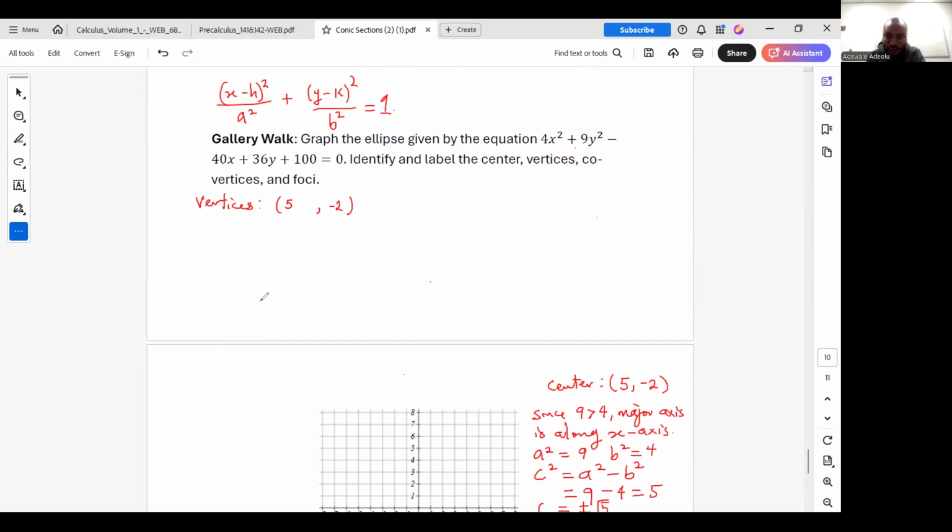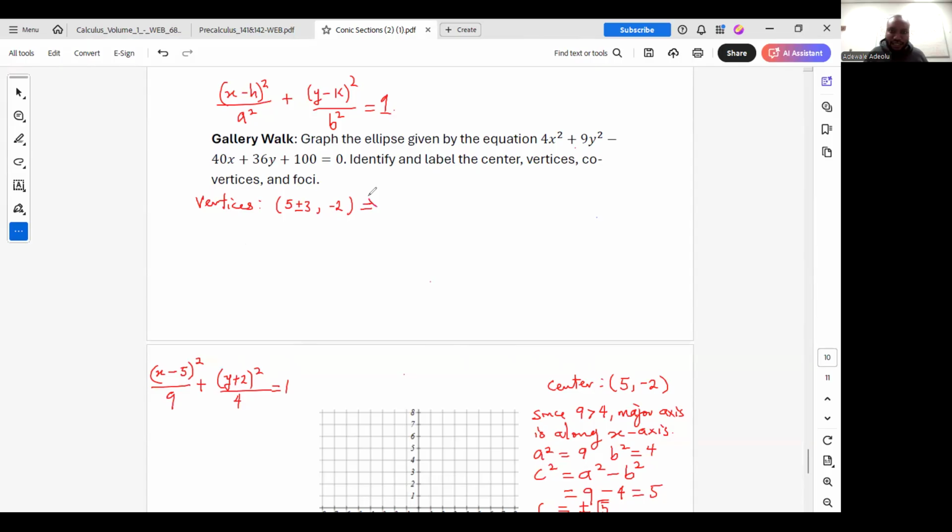From the equation, x minus 5 all squared over 9 plus y plus 2 squared over 4 equals 1, our center is 5, comma negative 2. a is plus or minus 3, since it is along x.